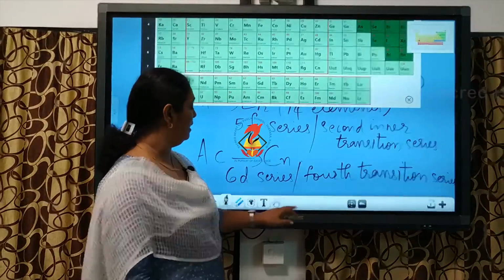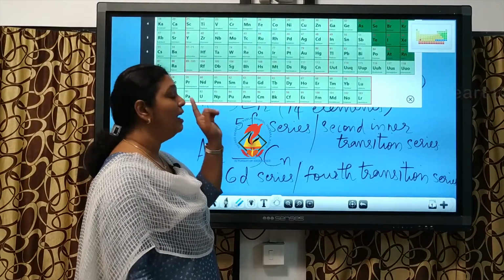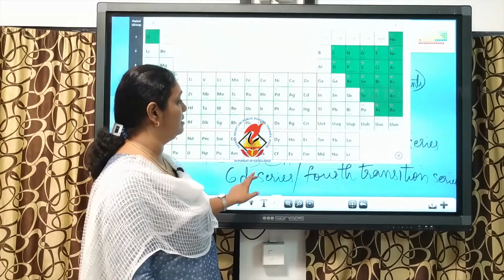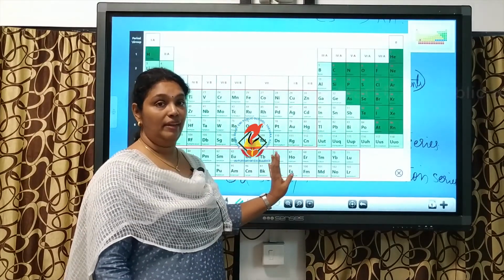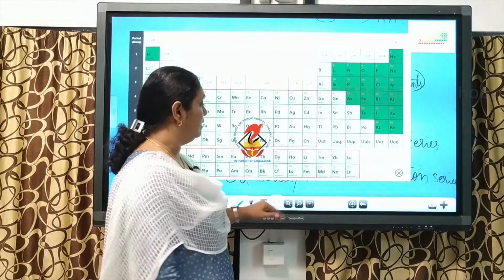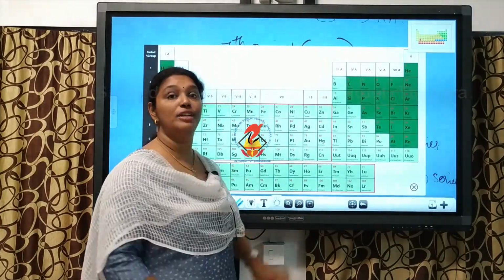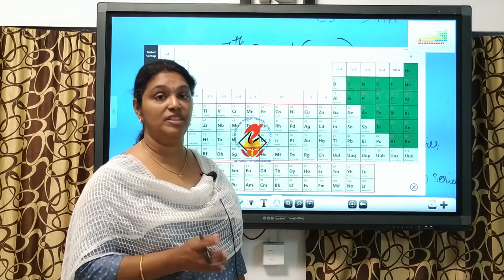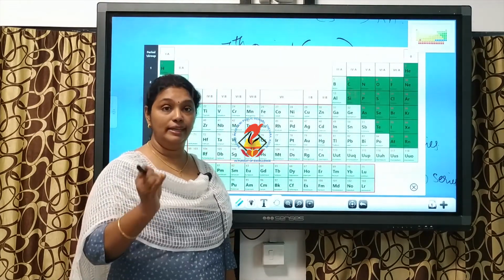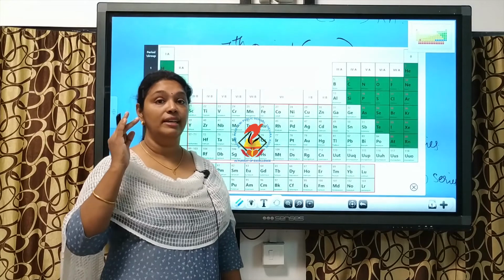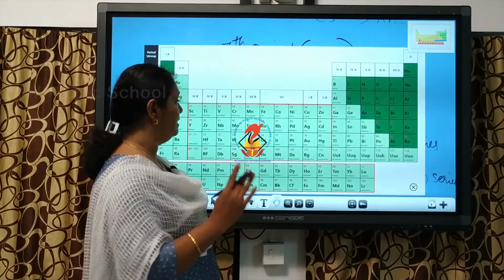So you can see in the modern periodic table we have 118 elements available. Okay. And again you can see that there are 4 transition series in the periodic table. Which are the 4 transition series? 3d, 4d, 5d and 6d series.